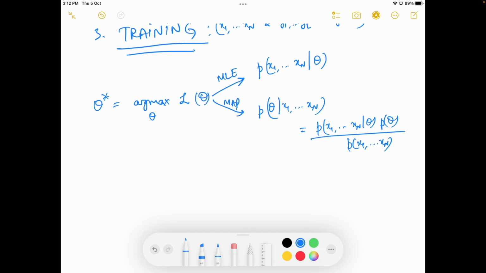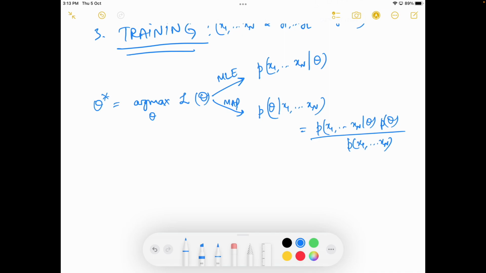Generally P of theta may be known or may not be known. Most of the time we may not know what P theta is, which means I may not know my parameter probabilities beforehand. In that case, I may use MLE. But if I know it, then I can use MAP, which means I simply multiply with P theta, nothing else.